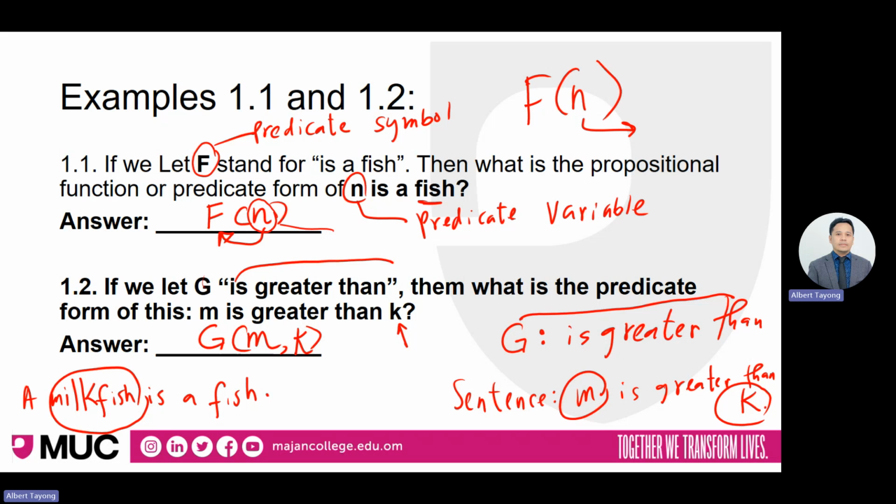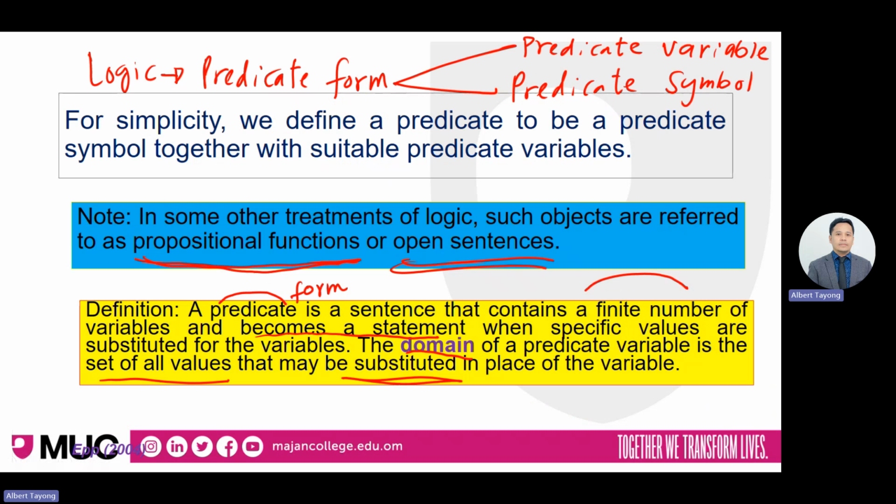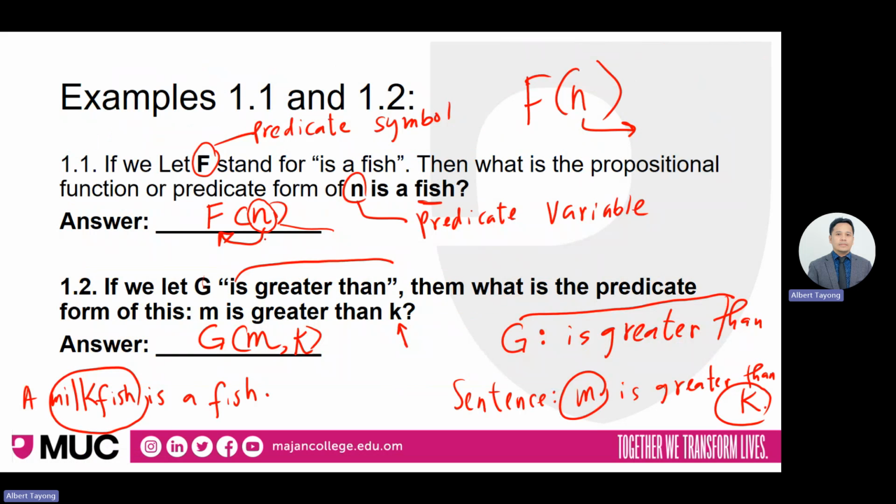In some cases, you cannot write all the domain like this, n is a fish, because we have so many fishes in the world. So it is infinite, but the number of variables is finite. Here we have only one variable n. Here we have two variables m and k.